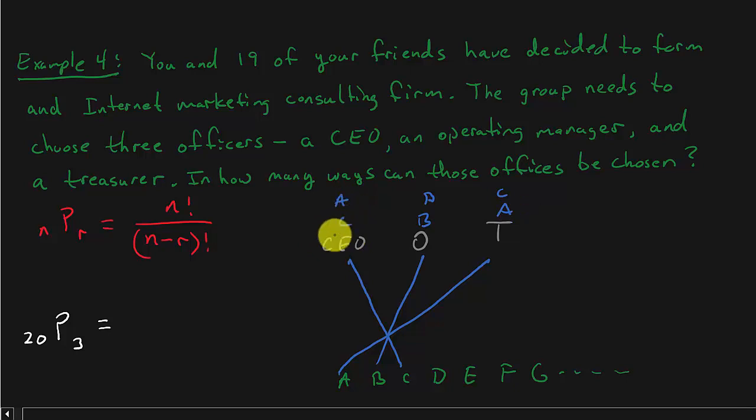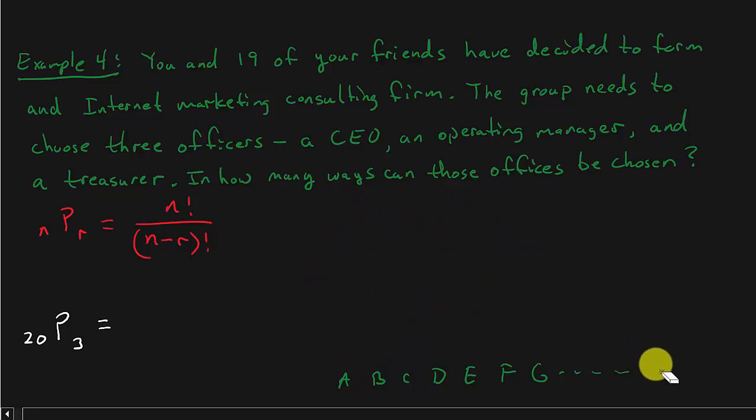The CEO is a different person. The treasurer is a different person. See that? The order that I chose them made a difference. And that's why that's a permutation.